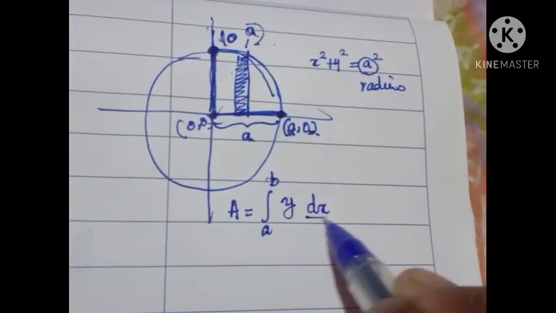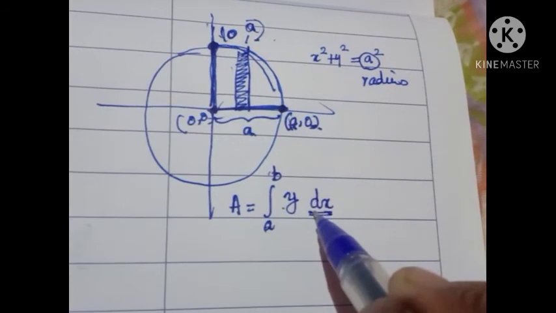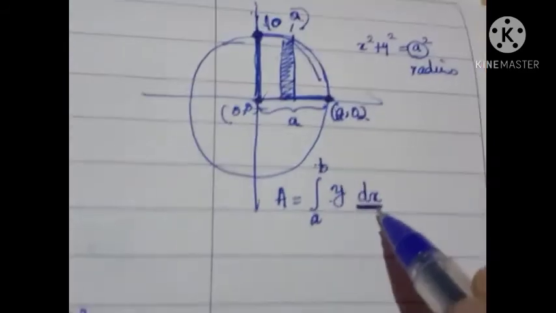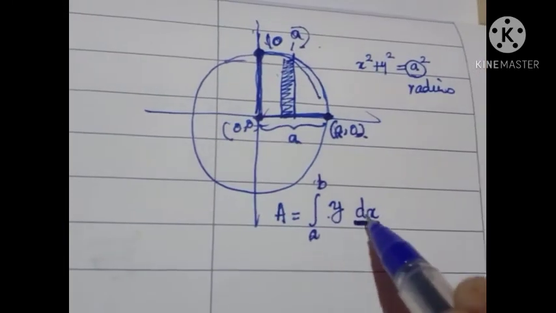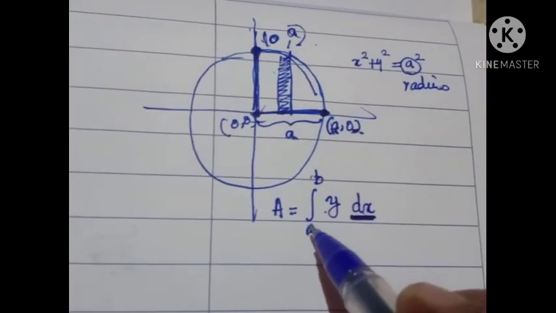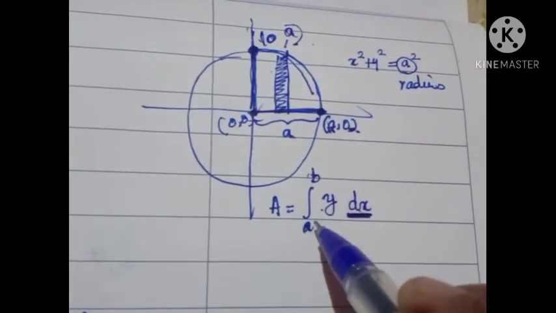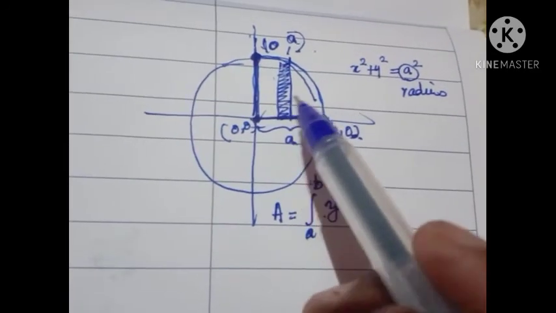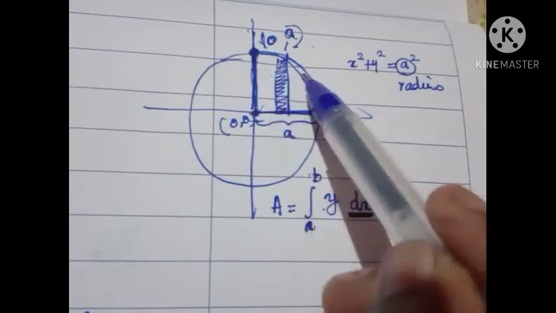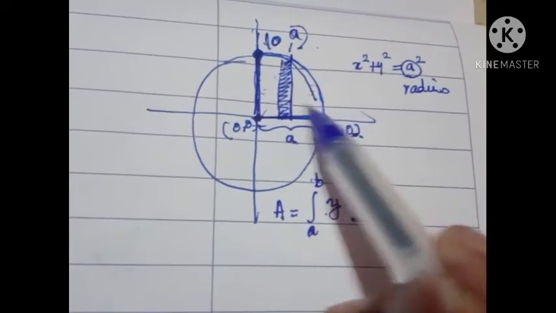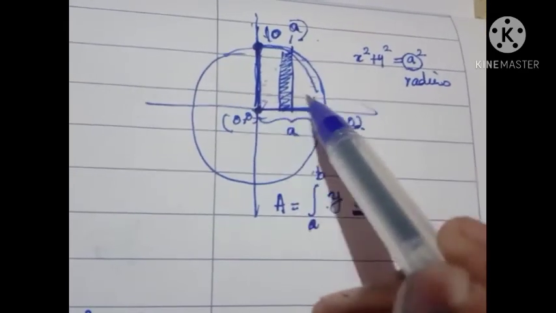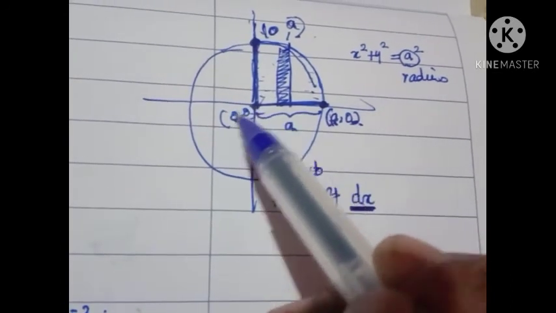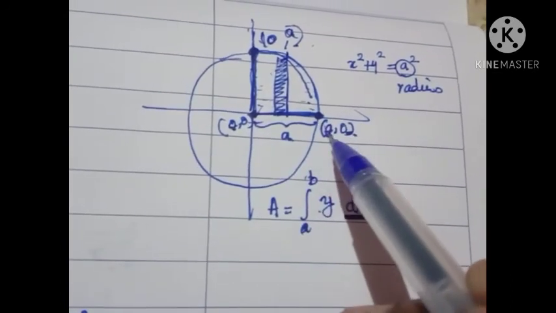Look here, we are going to integrate with respect to dx, so we can consider the limits as x values. We are integrating this sector only, and in this sector the x values start with 0 and end at a.